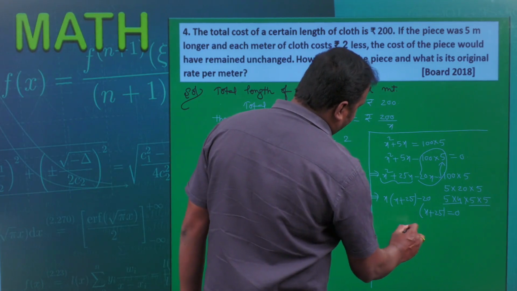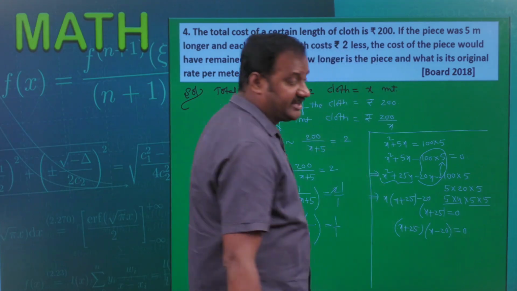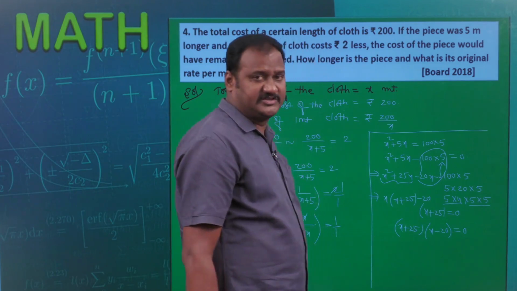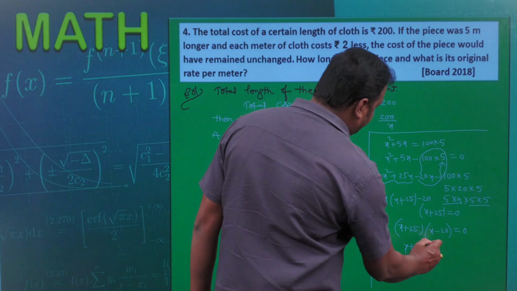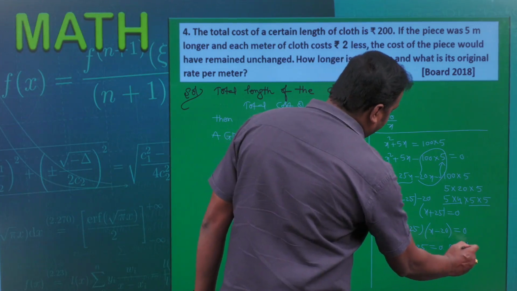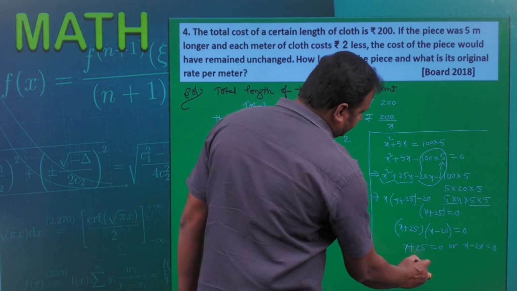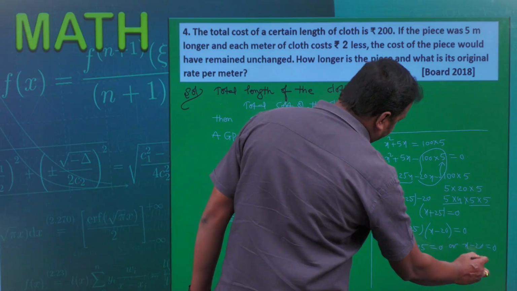So totally we have x plus 25 times x minus 20 is equal to 0. Since the product of two terms is 0, either the first term is 0 or the second term is 0. So x plus 25 is equal to 0 or x minus 20 is equal to 0. If x plus 25 equal to 0, x equals minus 25, or x is equal to 20.